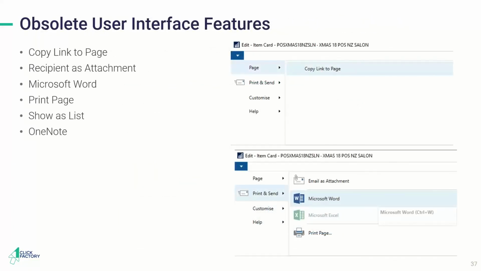Obsolete user interface features are not commonly used, like send to Microsoft Word, copy link to page, send it to another person, or print page. They all have alternatives, like the browser functions.